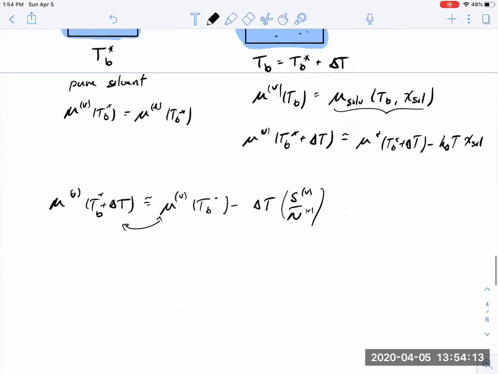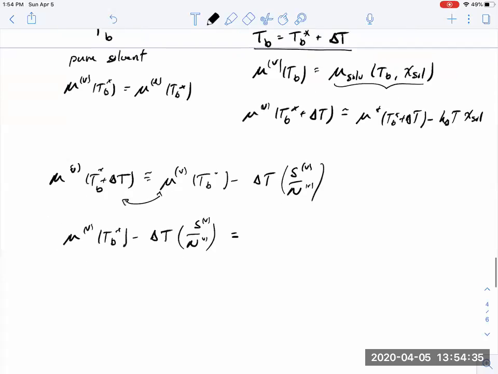So if I put this together now, I have the chemical potential in the vapor at the original boiling temperature less delta T, its entropy per particle, at the new boiling temperature of the solution.